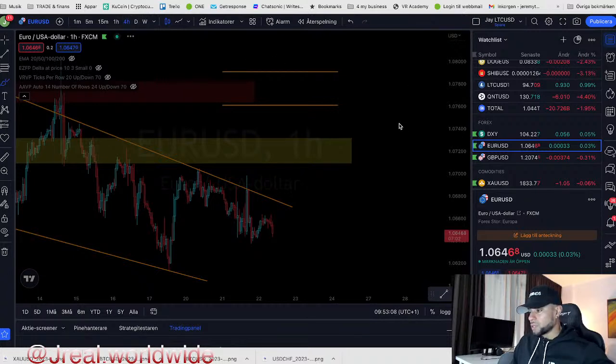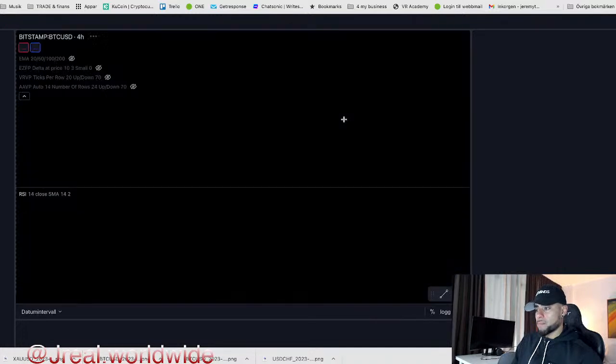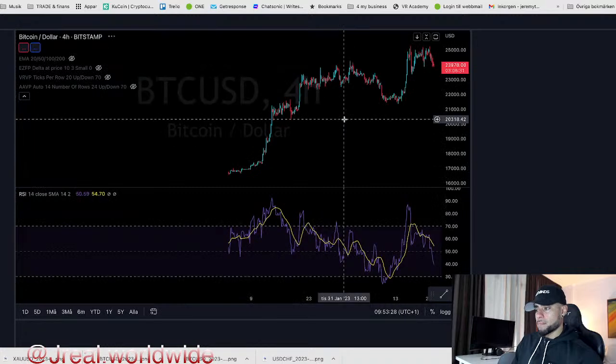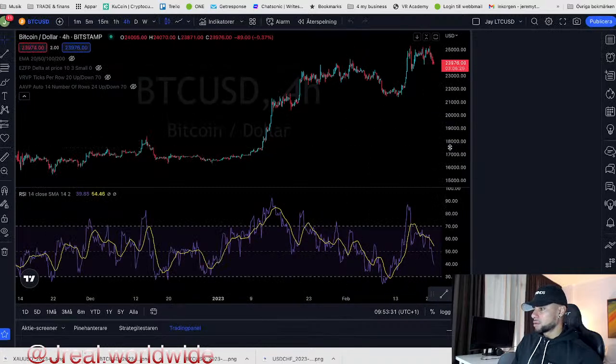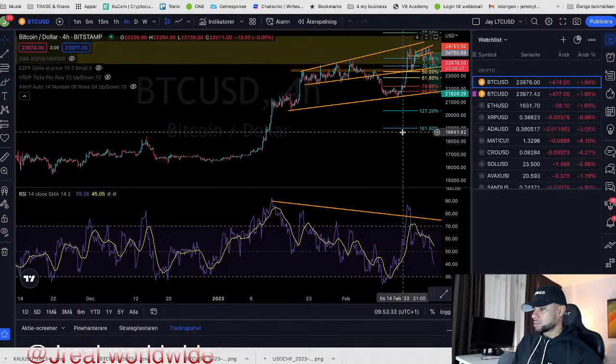My TradingView is lagging a little bit. I don't know what's going on here. TradingView ain't cooperating with me. Let's see if I can bring it up again. Oh man, this is slow.